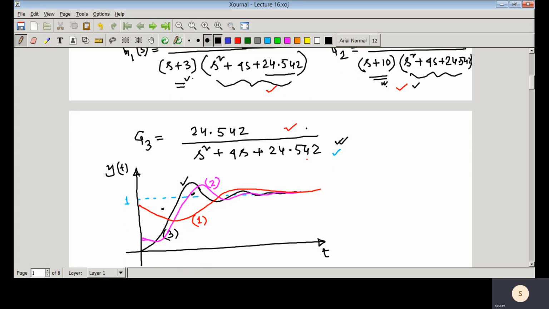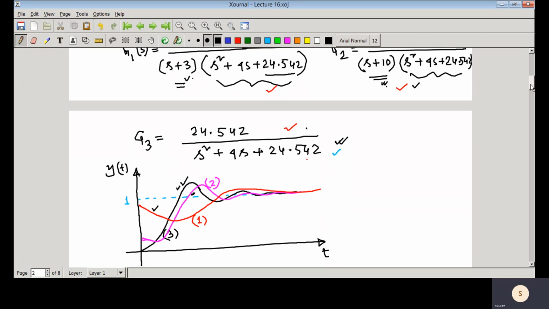Here you can see that whenever that pole is moving towards the origin, that red one, the response is remarkably different from that original response, the black one.